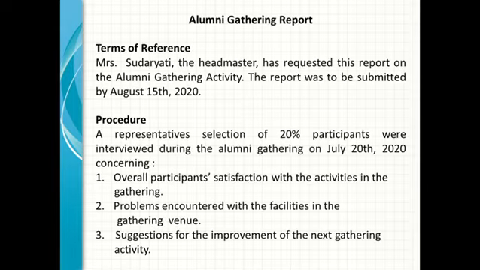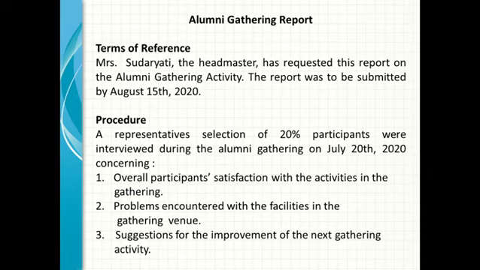The title is Alumni Gathering Report. And for the terms of reference, this report is addressed to the headmaster or the school principal, Mrs. Sudaryati. And for the procedure, it shows the method of data gathering.